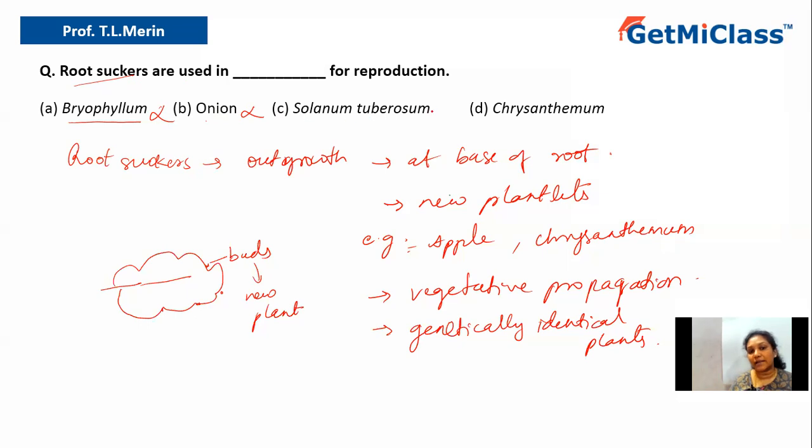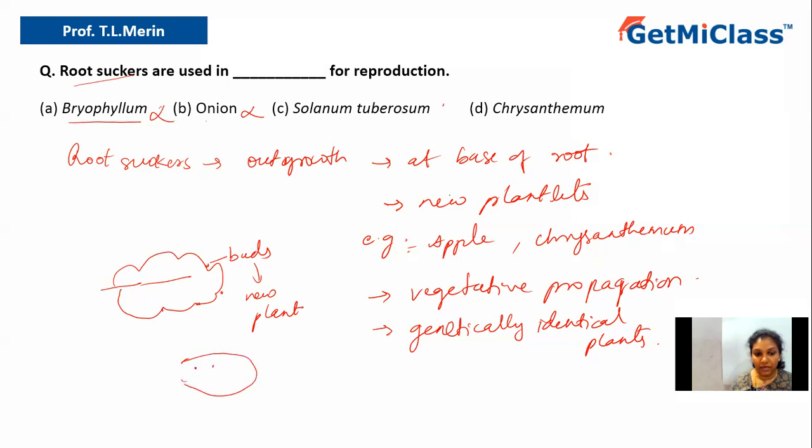Option C says Solanum tuberosum. So what is Solanum tuberosum? These are nothing but the potatoes. And potatoes are nothing but the modified stem, which consists of tiny notches called eyes. These eyes consist of buds, I mean, they will give rise to buds. For example, suppose this is the structure of the potato.